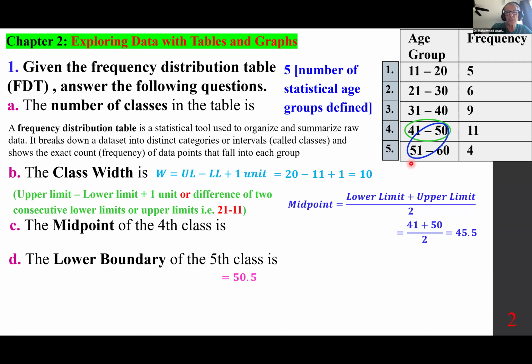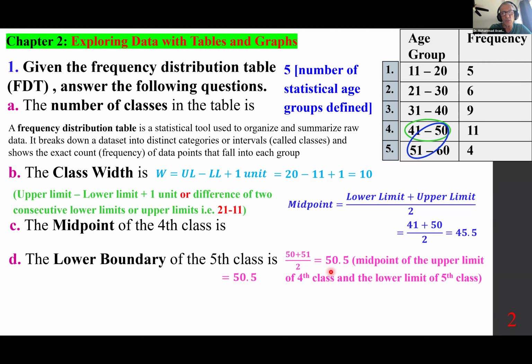So it's 50 plus 51 divided by 2 is 50.5. Midpoint of the upper limit of the fourth class and the lower limit of the fifth class. This will be the boundary, the upper boundary of the fourth class as well as the lower boundary of the fifth class.